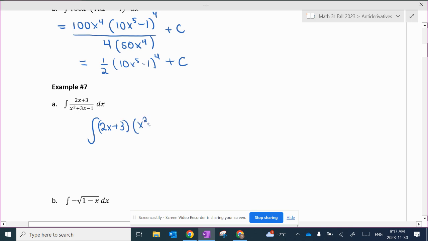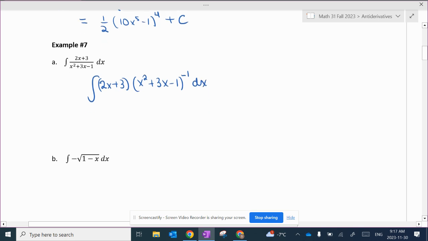And I'm going to write this as x squared plus 3x minus 1 to the power of negative 1. Okay? That's still something I'm finding the antiderivative of. So I use my integral symbol and I use dx at the end. Okay, I haven't yet found the antiderivative of it, so I'm not yet going to eliminate that symbol. As Trisha pointed out, that's still the baby, so just carry that baby along.